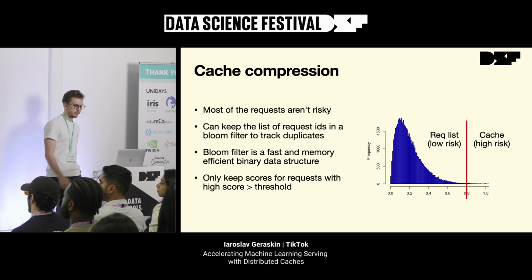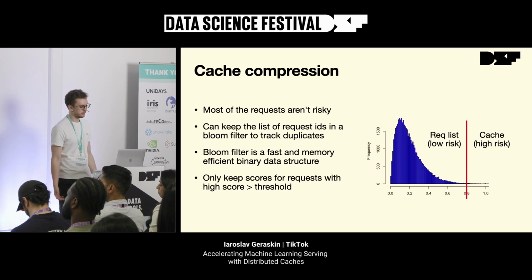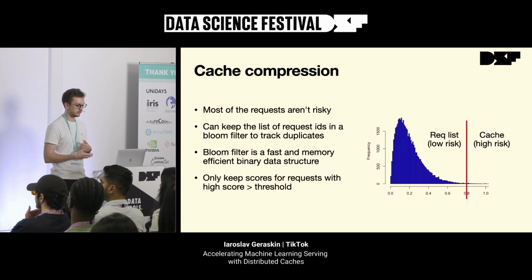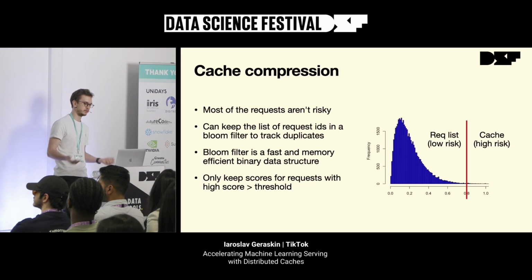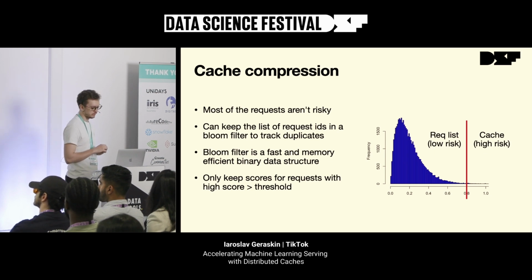The next problem with caches is that we have a lot of data coming into the service, and we cannot store all the data in memory. Even if the memory is cheap enough, we still need a lot of resources to save millions of requests. But what we can do is compress caches using some threshold.